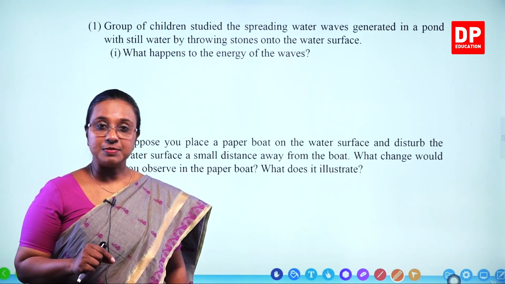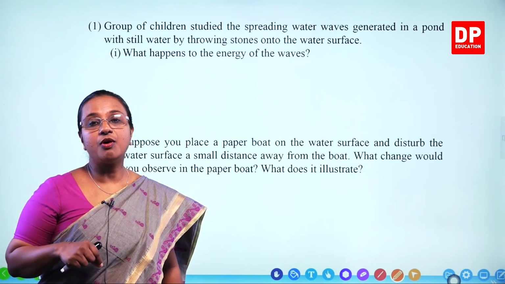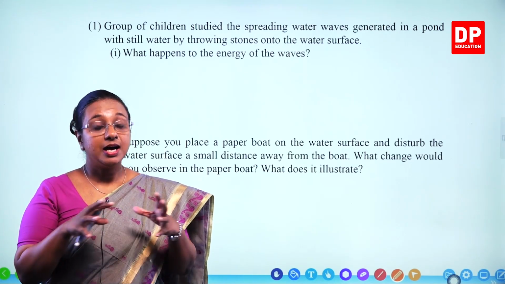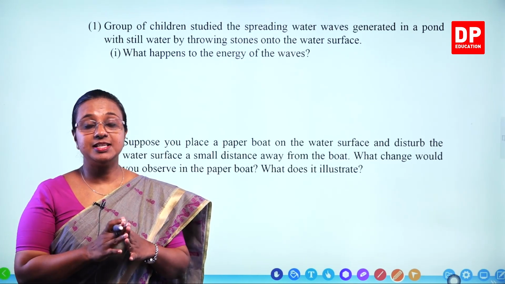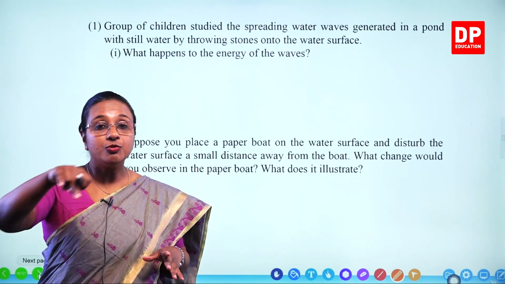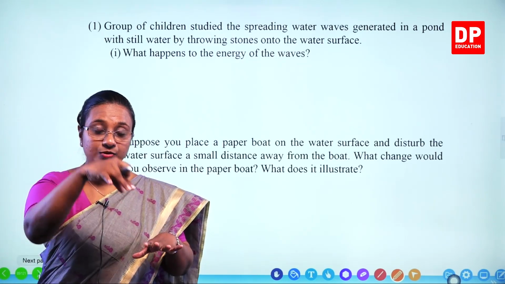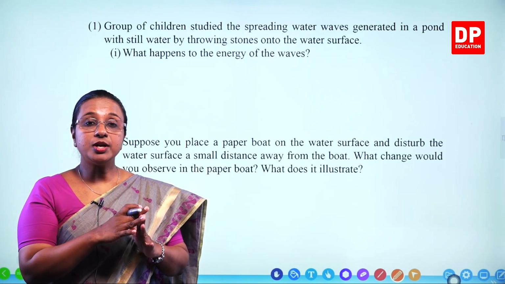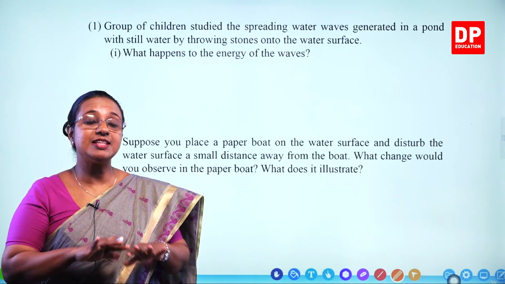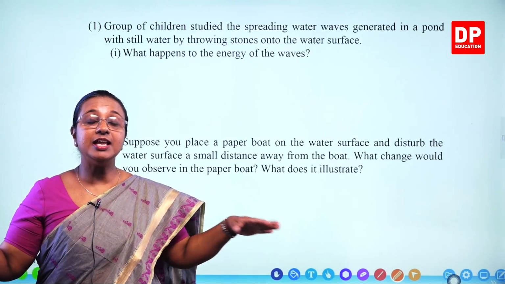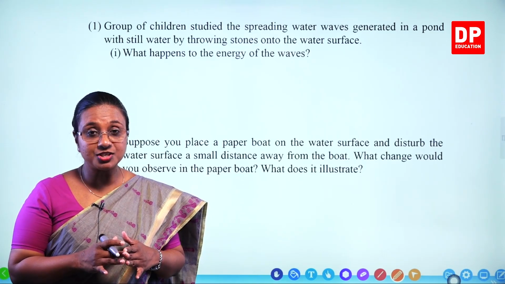So, you can remember, students, as the stone falls on the surface, a disturbance is generated and that propagates in the form of a wave. It goes in cycles. If you look at the surface of the water, you can see circular rings. That's the wave spreading in all different directions.